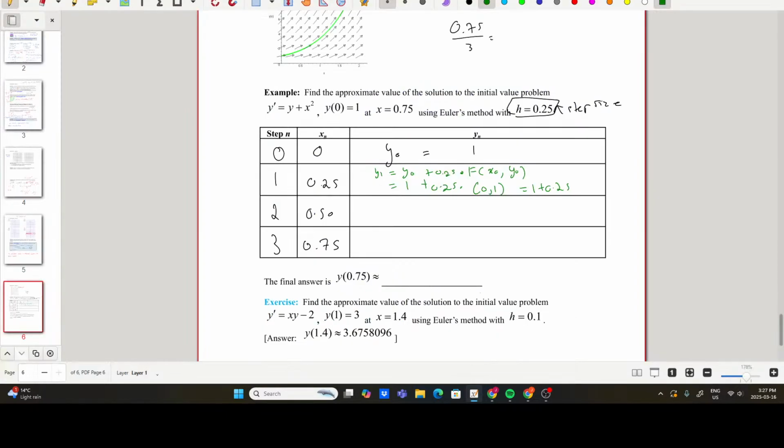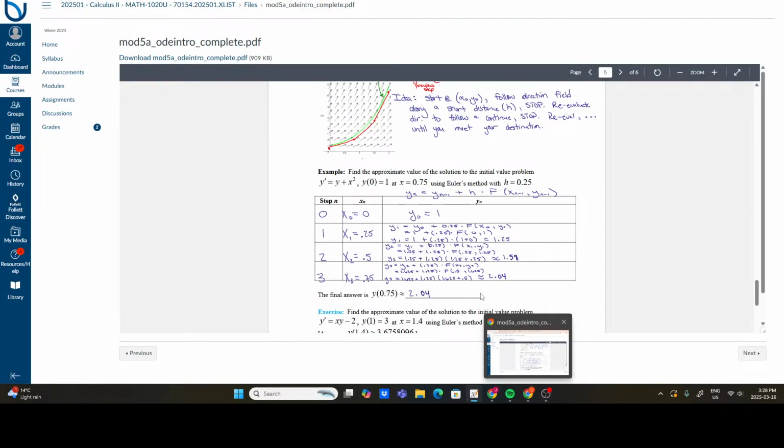If we add these two together, that's 1.25 times 1, so just 1.25. And then you're going to start at 1.25 at the next step, I'm guessing. Yeah, y1 is going to be 1.25.